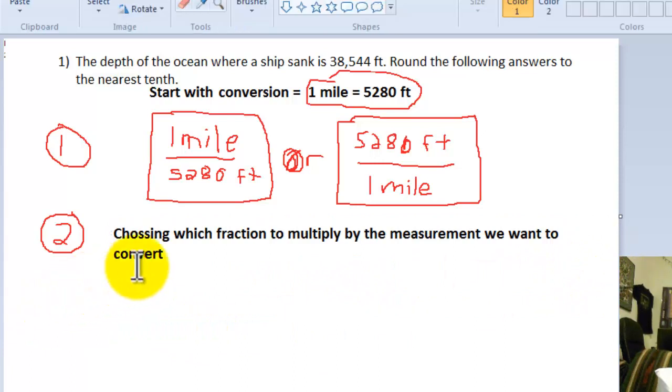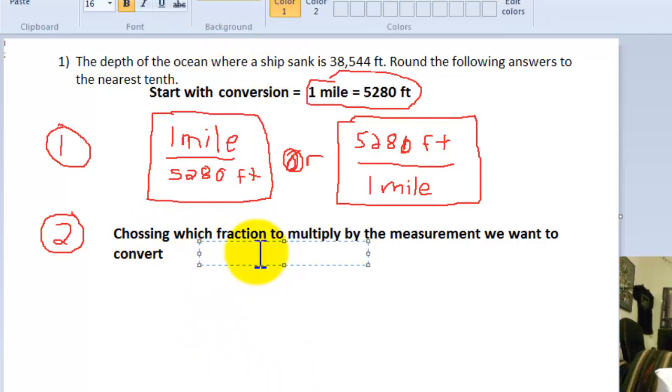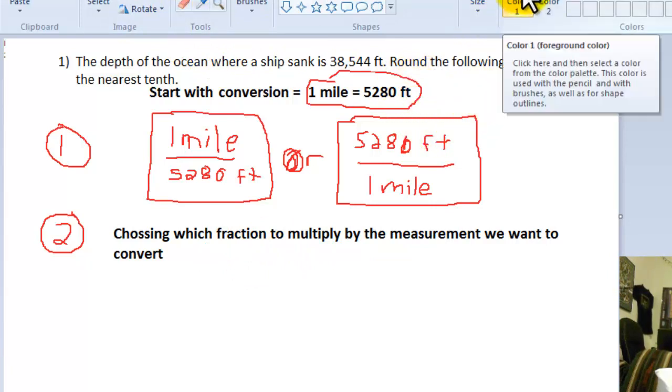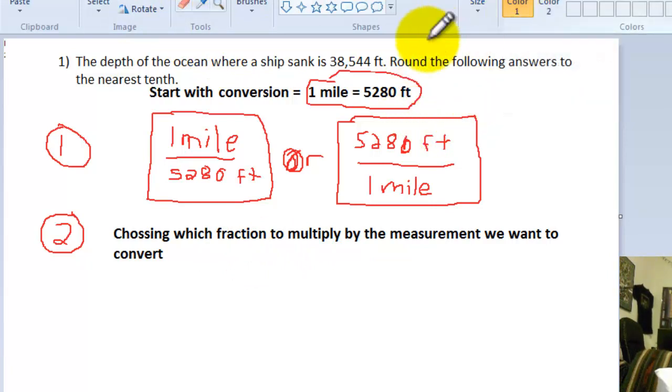Okay. When we make that choice, we are looking at what we start with. So we start with 38,544 feet. And this tells us what to choose.